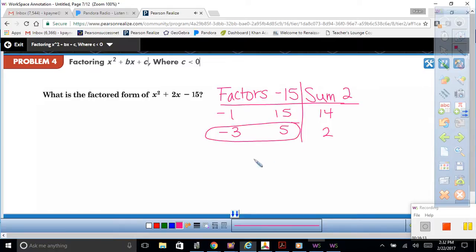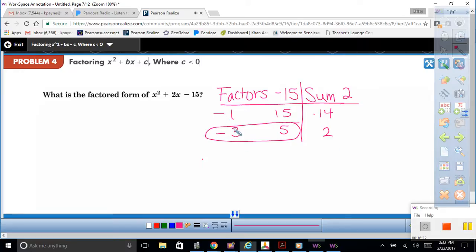Now I got lucky. What if instead of putting the negatives on my smaller numbers, I chose to put them on my bigger numbers? Well, then we would have gotten a sum of negative 14 and negative 2, not a sum of positive 2. So we would have had to change our negatives to the smaller numbers.